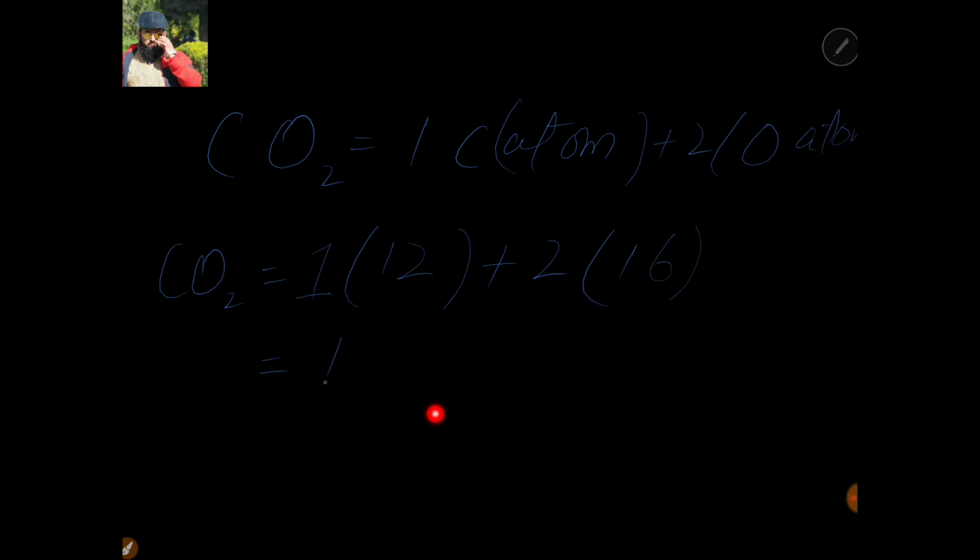So 1 multiplied by 12 we get 12, plus 2 multiplied by 16 we get 32. 2 times 16 is equal to 32, and the total of these two terms comes out to be 44. So we can see that the relative molecular mass, or simply the molecular mass, of carbon dioxide is 44 AMU.